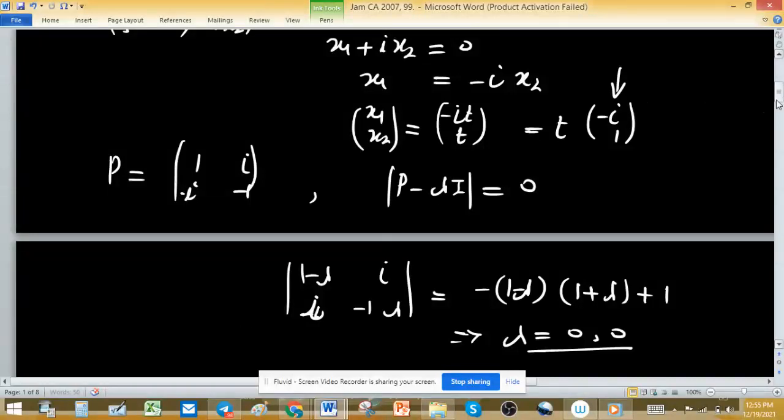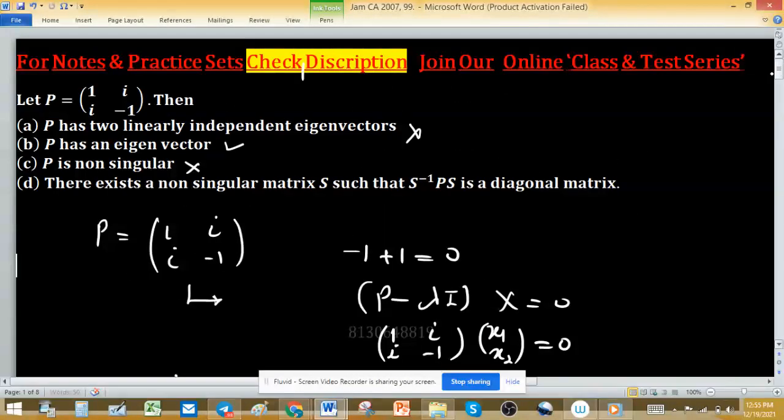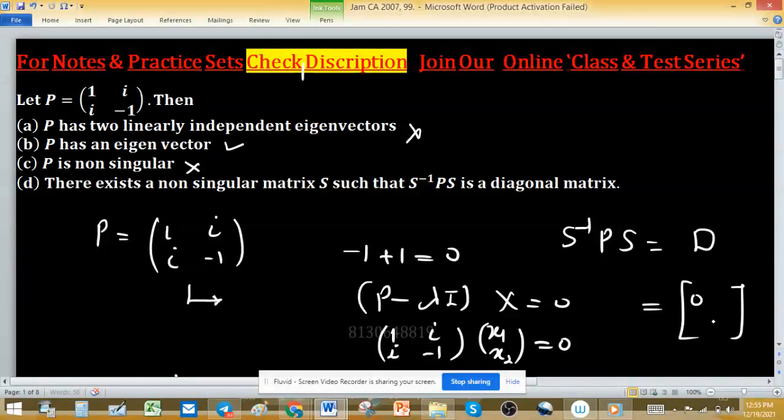It means that there is no matrix S such that S inverse PS is a diagonal matrix, because if this matrix exists, then the diagonal matrix D contains the eigenvalues of P at diagonal positions, but the eigenvalues of P are 0, 0. So there is no such diagonal matrix, only the 0 matrix we can find in this way. So option D is false. So the correct option is option B.